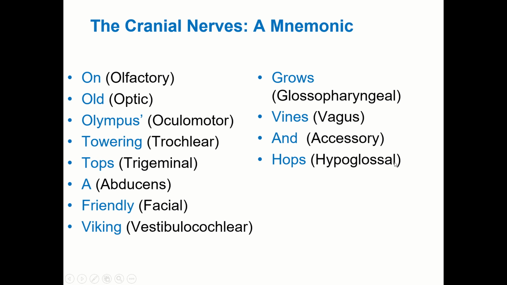So if you want to remember whether they are sensory, motor, or both, that's actually the only mnemonic I'm aware of for that. So those are the cranial nerves and how to assess them.